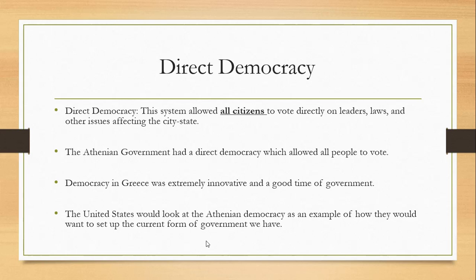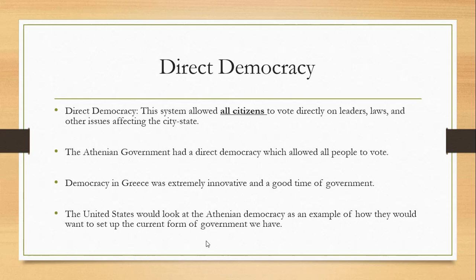Like I said, Athens would have a direct democracy, all right, and they would allow, it says, all people to vote. I'm pretty sure it was just all men could vote, and the direct democracy in Greece, where people could vote, was extremely innovative.